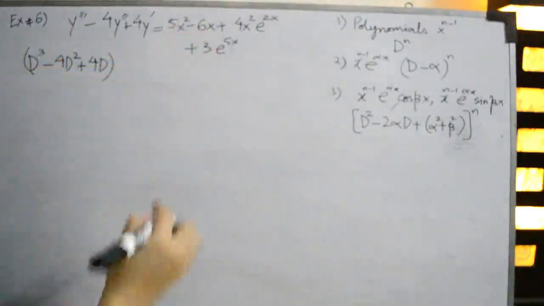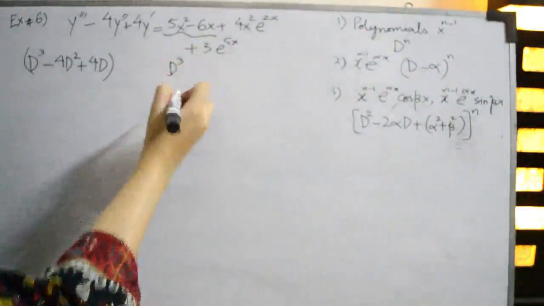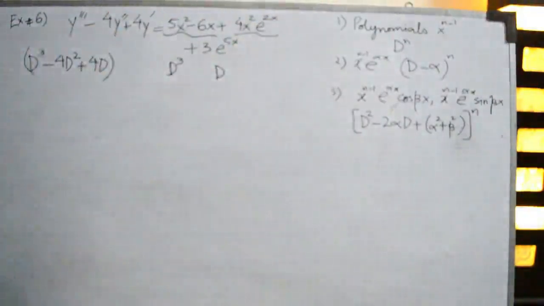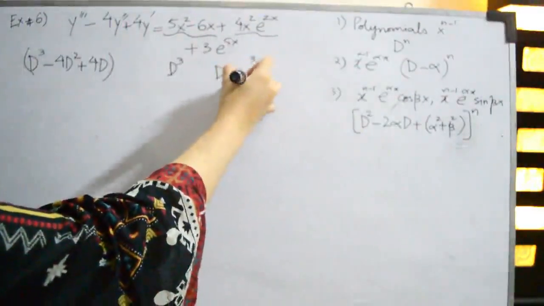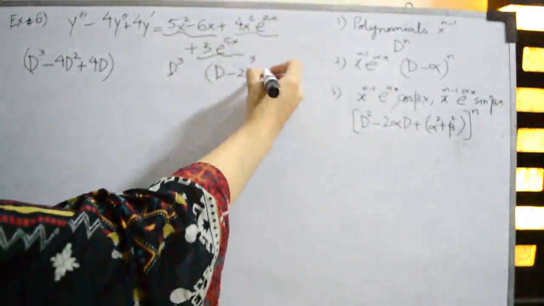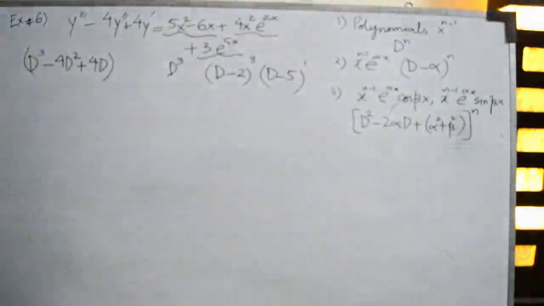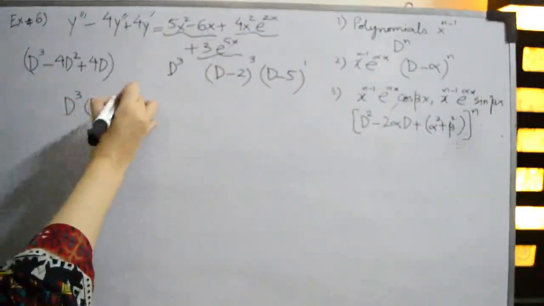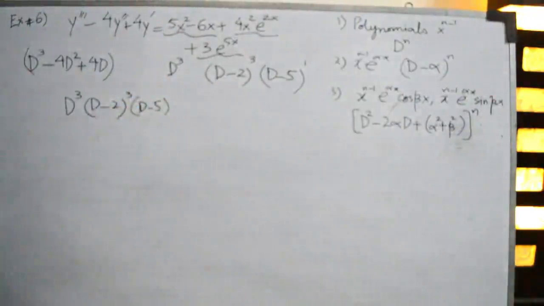For the first part, 5x square minus 6x, the annihilator is D cube. For the next part we can write it directly: n is 3 and alpha is 2. For this part, D minus 5 to the power 1. Multiply all these annihilator operators: D minus 2 to the power 3, D minus 5.